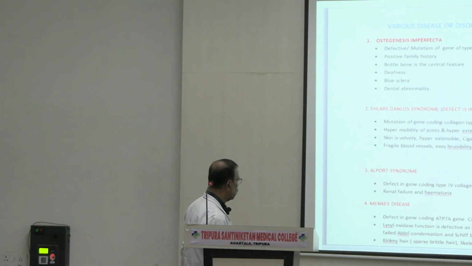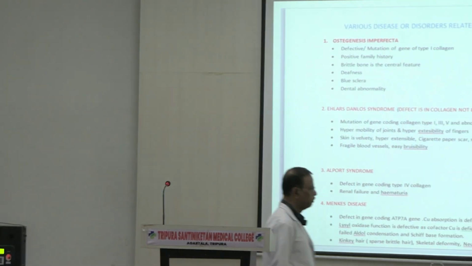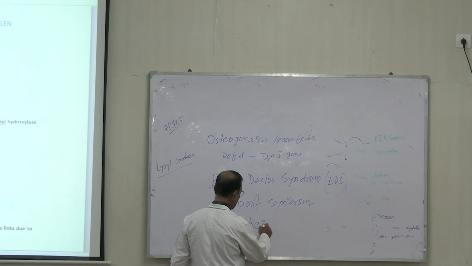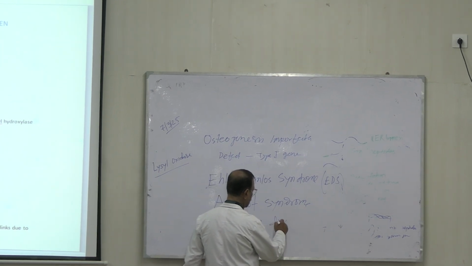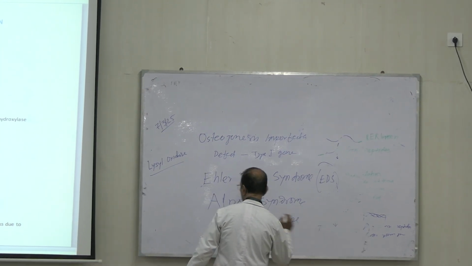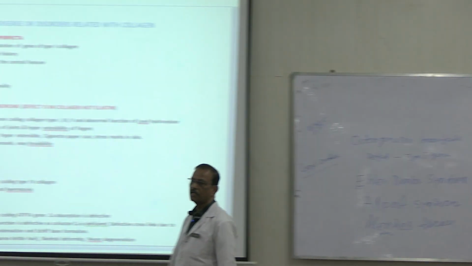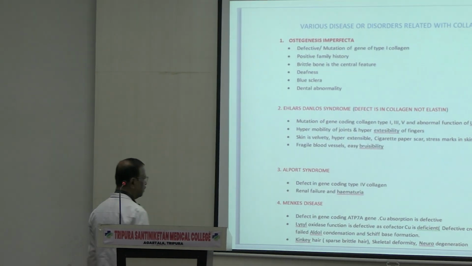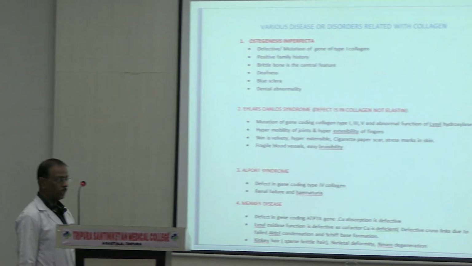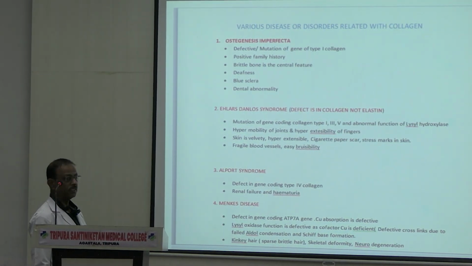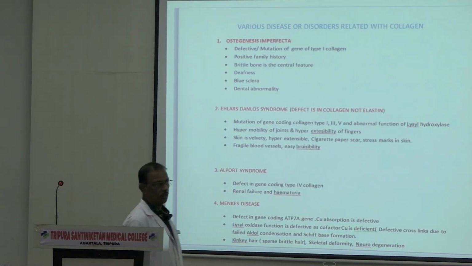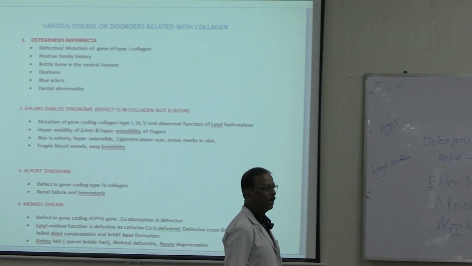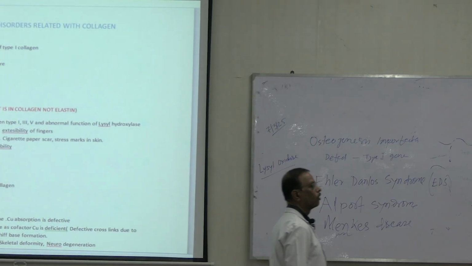Now next is Menkes disease, Menkes kinky hair disease. Menkes disease is a defect in the gene encoding ATP7A, causing defective utilization of copper.